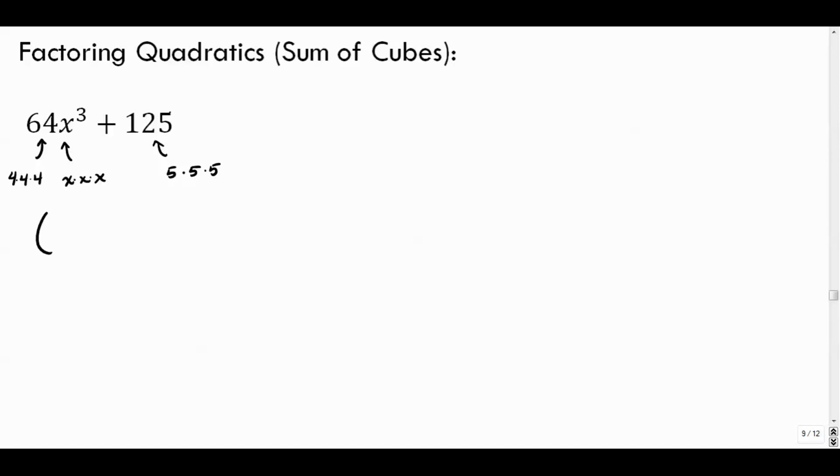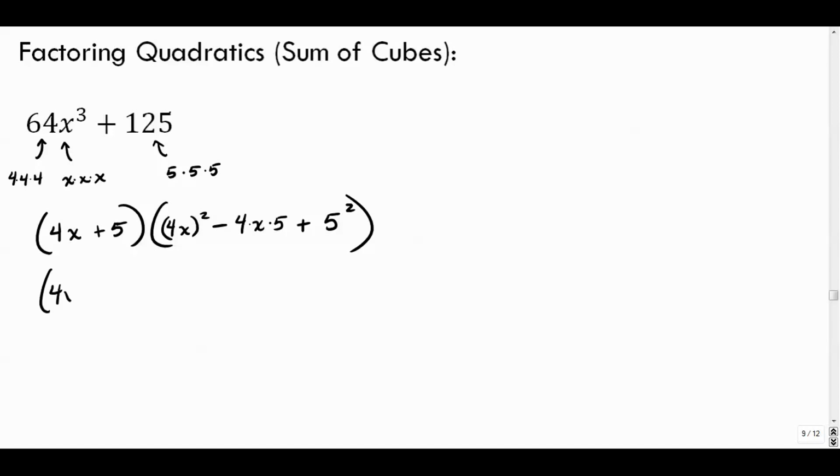the formula says that you take that 4x plus 5, and then the rest of it is the a term, which is 4x squared, so we'll put that in parentheses, minus 4x times 5 plus the last term here squared.